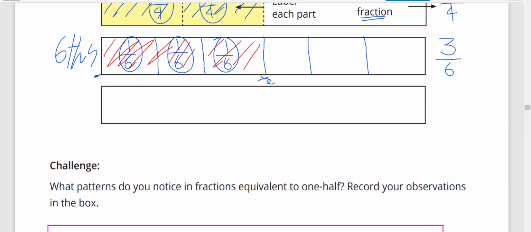The last one, if we divided it into eighths. How can we divide it into eighths? At the first, we divided it into halves. Then we divided it into fourths. After that, we divide each fourth into 2 equal parts. Like this.